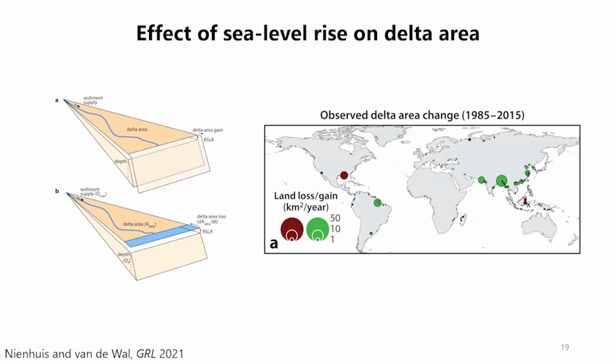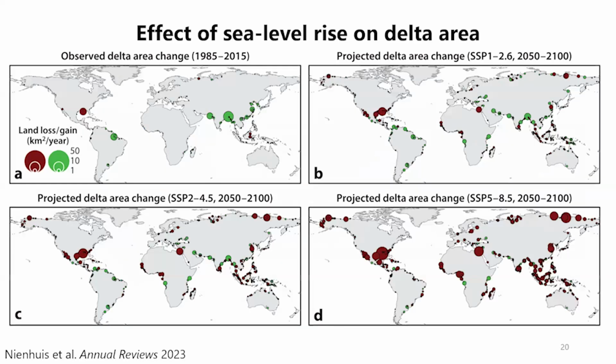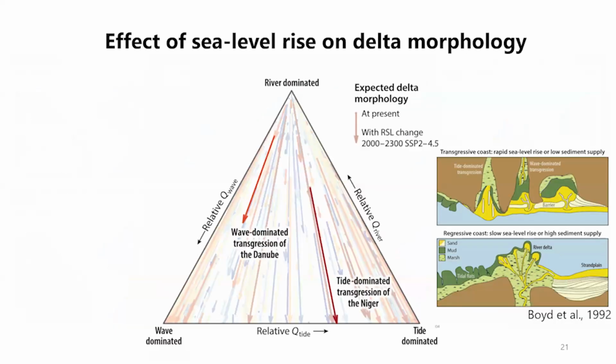So we can test our model based on these observations and then run it forward and see the effects of sea level rise on delta area change. This is high end member relative sea level rise scenarios leading to a lot of land loss. The nice thing, however, of this kind of way of looking into the effects of sea level rise is we can add these effects of sea level rise to the delta ternary diagram, because sea level rise also has an expected effect on delta morphology.